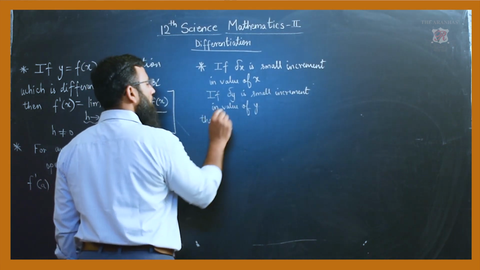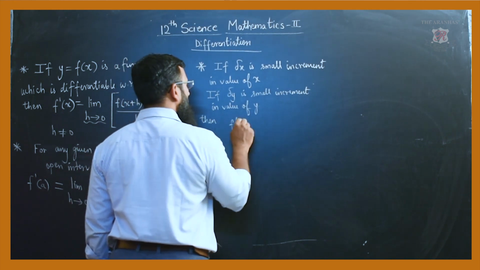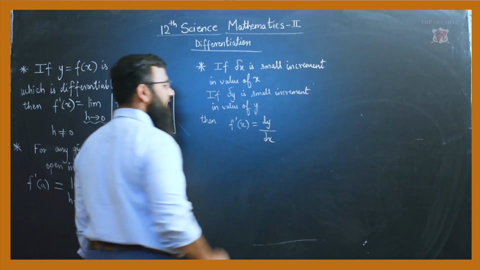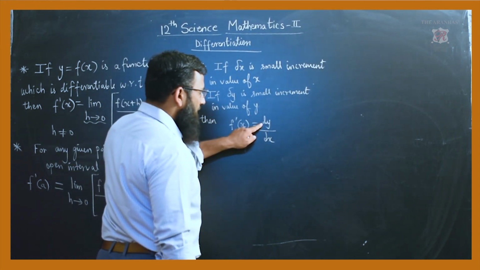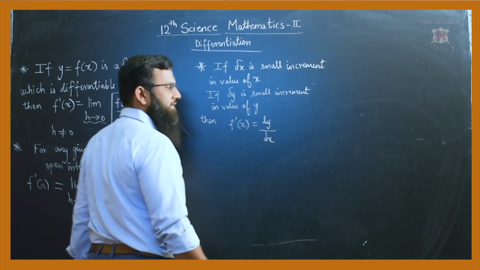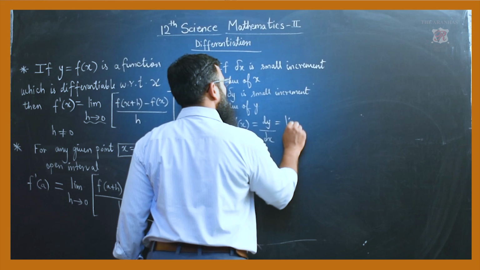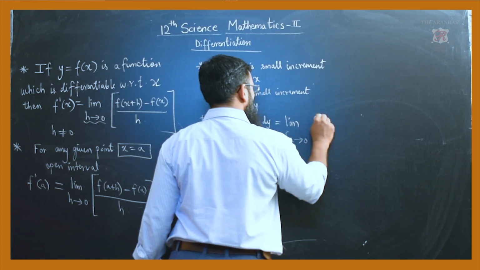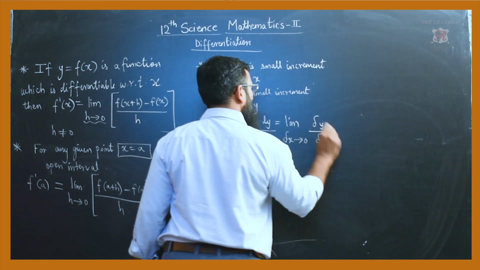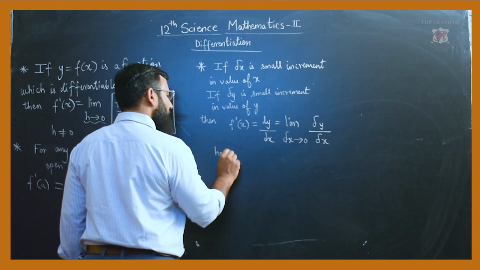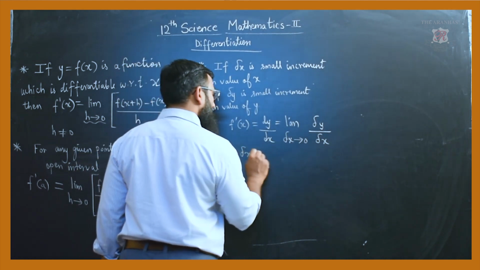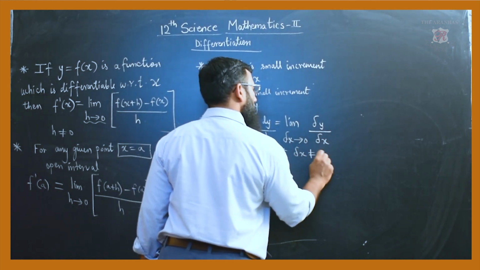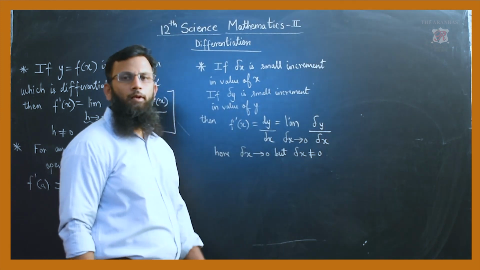Then f dash of x, which is also defined as dy by dx, meaning differentiating y with respect to x, is also written as the limiting value, delta x tends to 0, of delta y upon delta x, where delta x tends to 0 but delta x is not equal to 0.